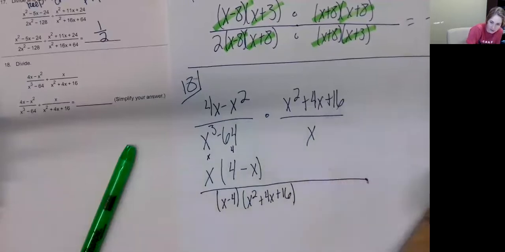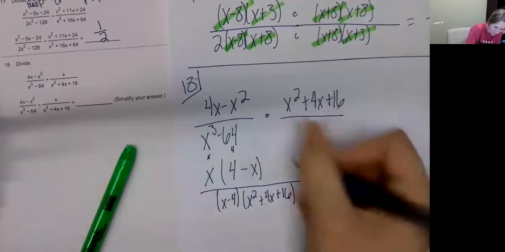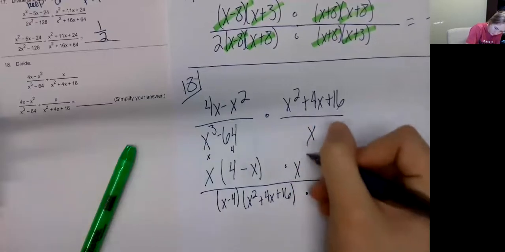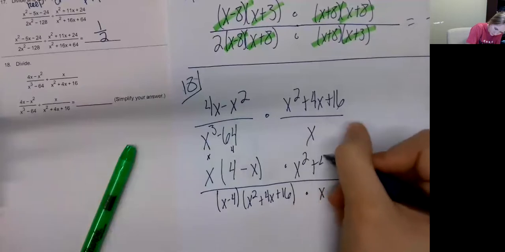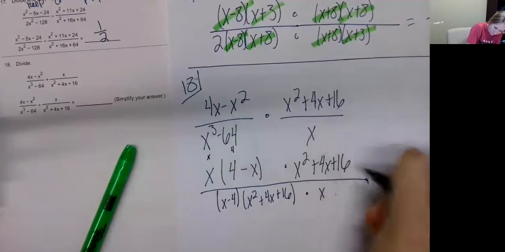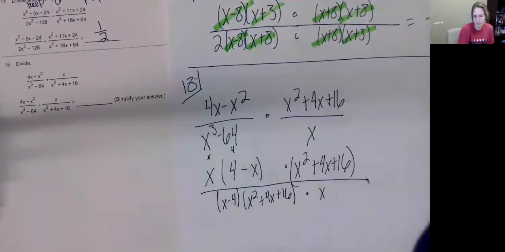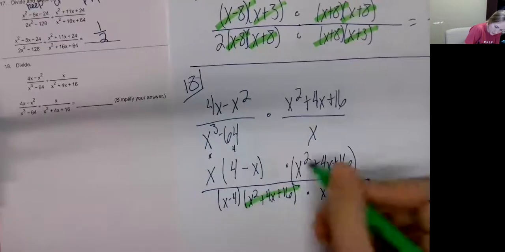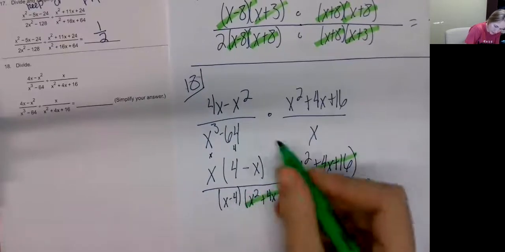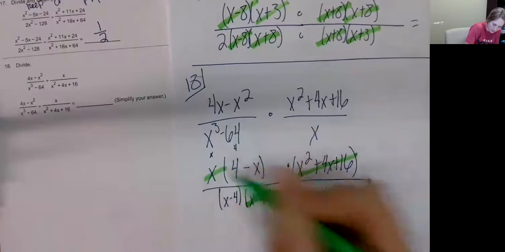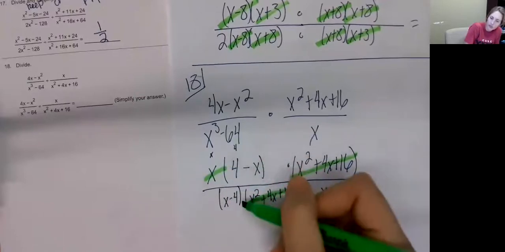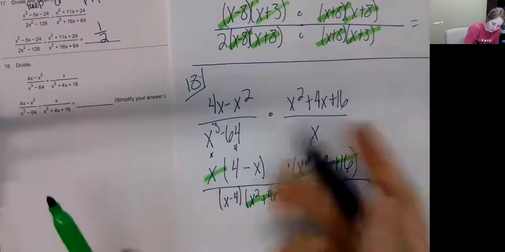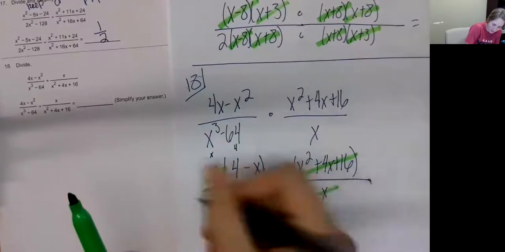That is what that is. So I'm going to go ahead and put times x here. And there's no factors of 16 that add to get 4. So those cancel. Right here, these x's will cancel. These are the opposites of each other, so we'd have a -1 in one of these areas.